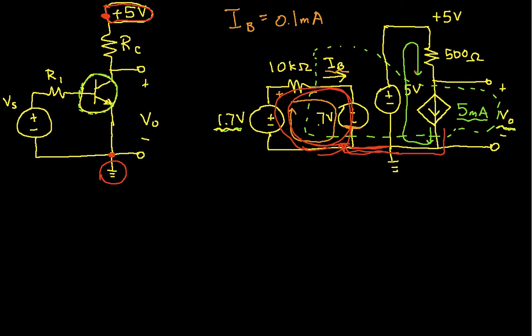So if all of the current is flowing in this loop, I can say that the voltage across this 500 ohm resistor is going to be 5 milliamps times 500 ohms, which, if I do my math correctly, is 5 times 10 to the minus third times 5 times 10 squared, and this should give me then 2.5 volts.